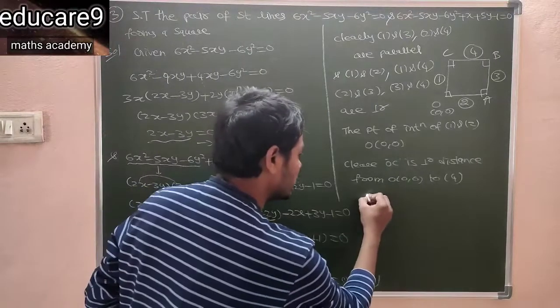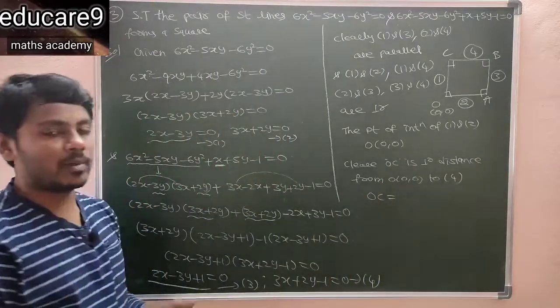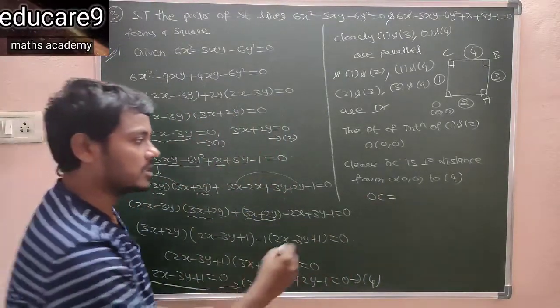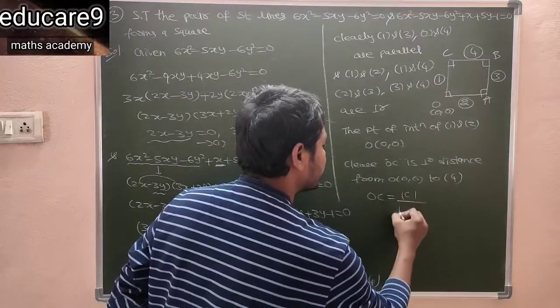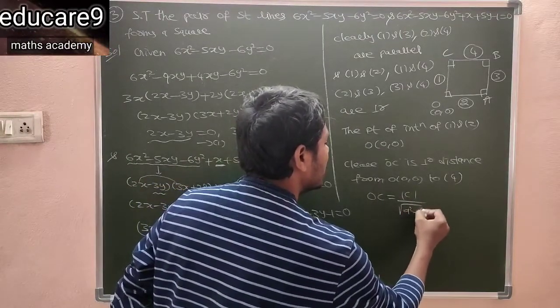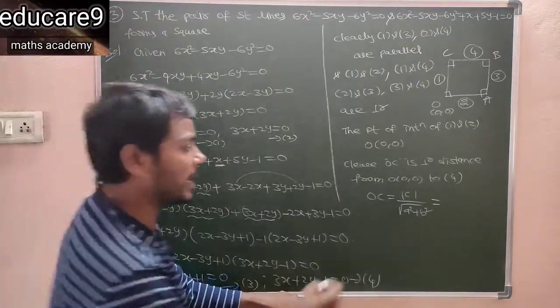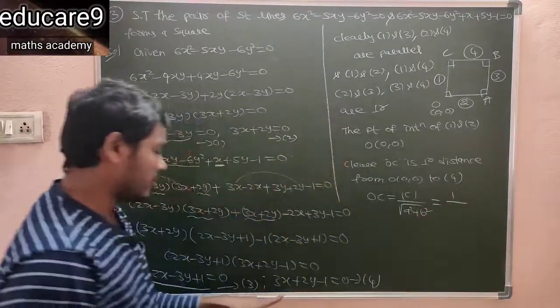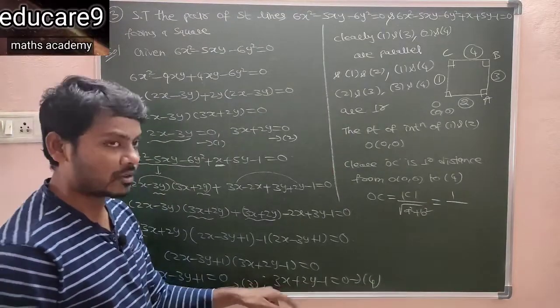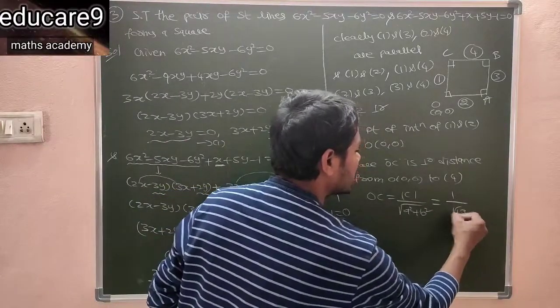So OC is equal to what? Formula is mod C by square root of A square plus B square. Once you observe equation 4, what is mod C? Mod of minus 1, that is 1, by square root of A square plus B square, 9 plus 4, 13. So 1 by root 13.